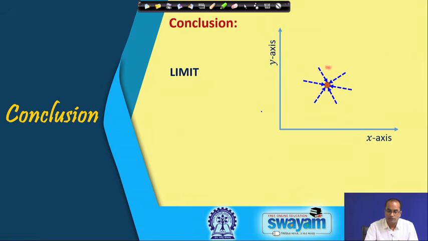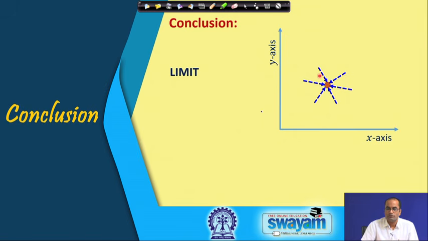So, for computing the limit, we have seen two approaches. One was changing to polar coordinates, which would be helpful. In that case, for example if the limit in the question is approaching the origin, we can say r approaches 0 independently of theta.